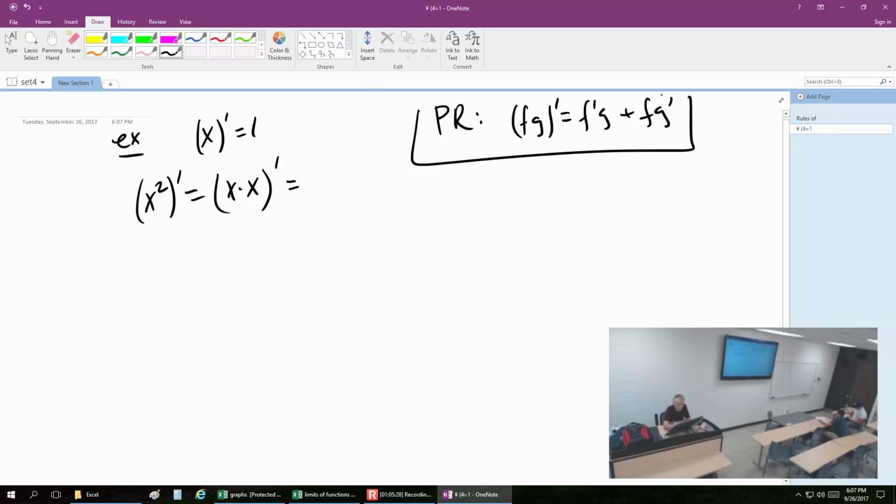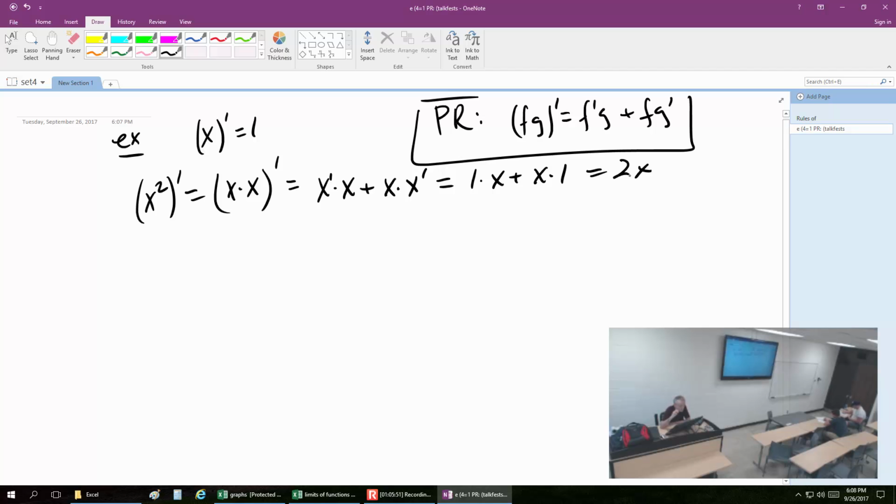The first function is x, the second function is x. What do I get? x prime times x plus x times x prime. X prime is 1. So 1 times x plus x times 1, 2x.